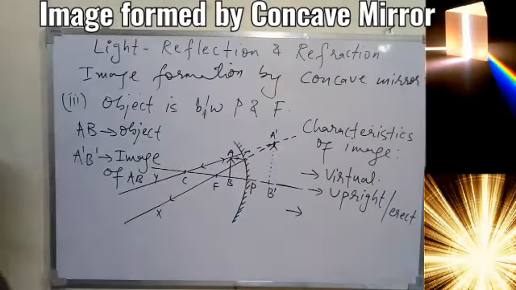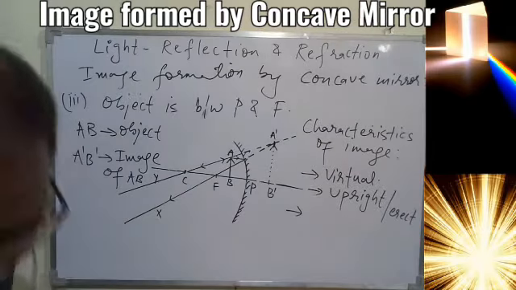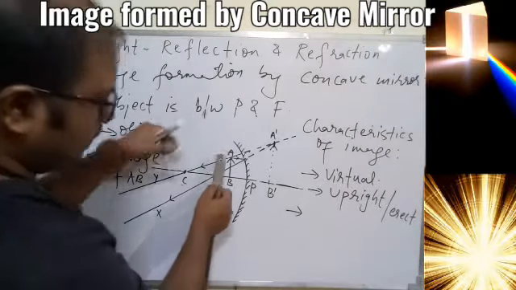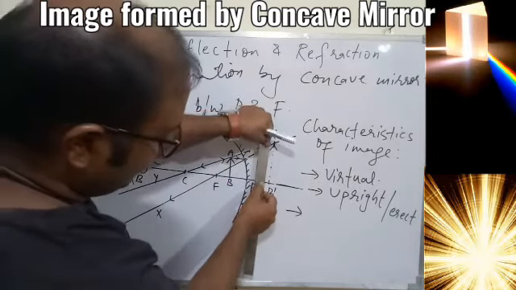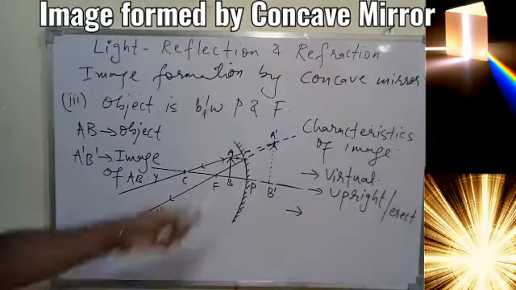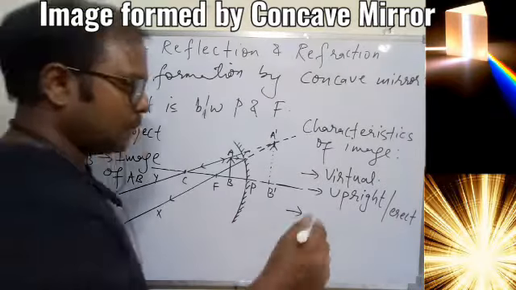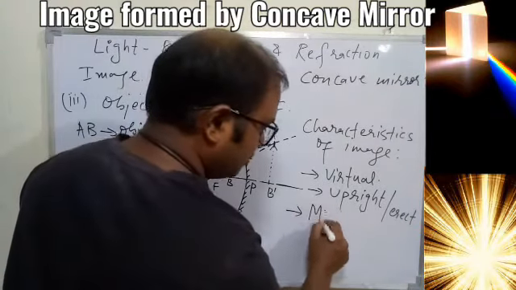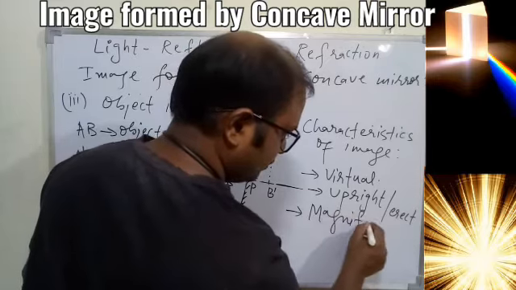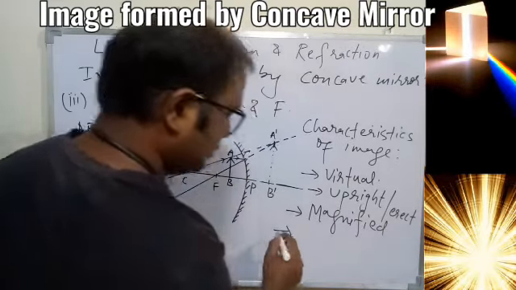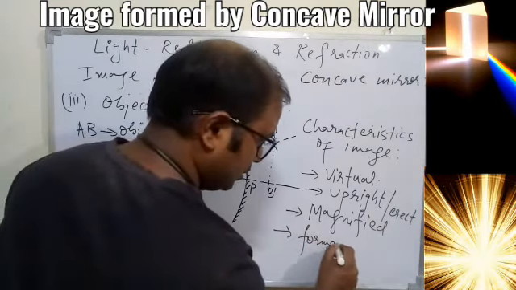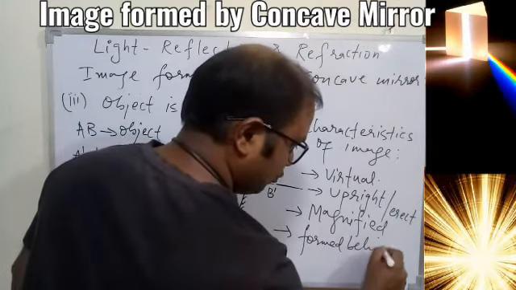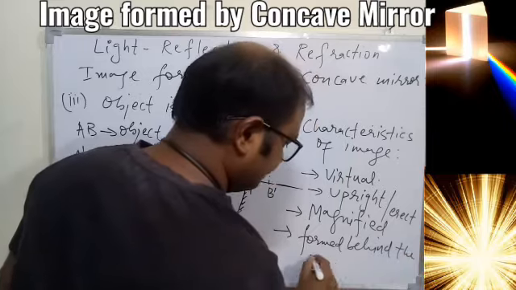Now if you compare the size of the image and object, your object is approximately this much, and the image you can see somewhere here. So the image is again bigger, that you can directly see also. So the image is magnified, and it is formed behind the mirror.